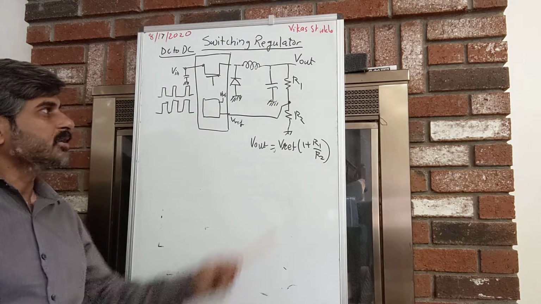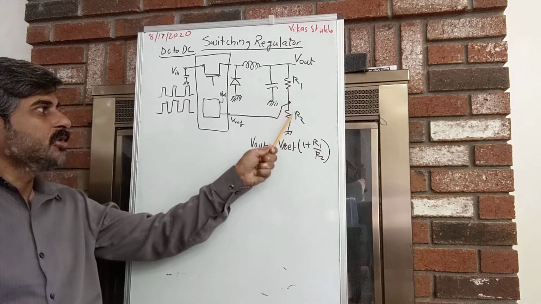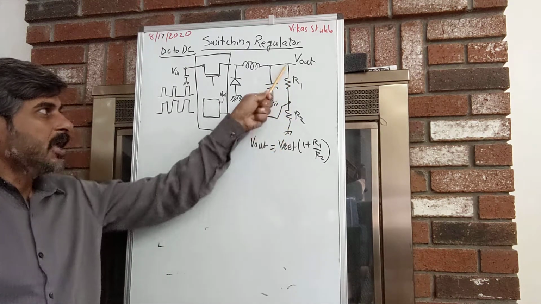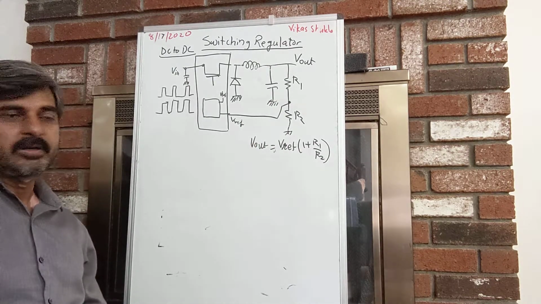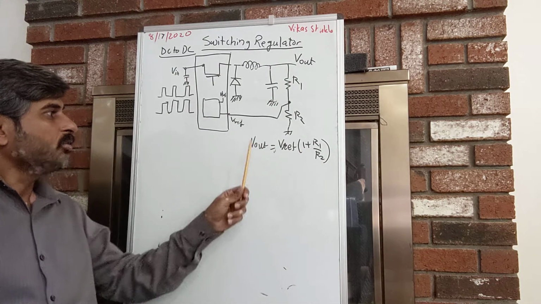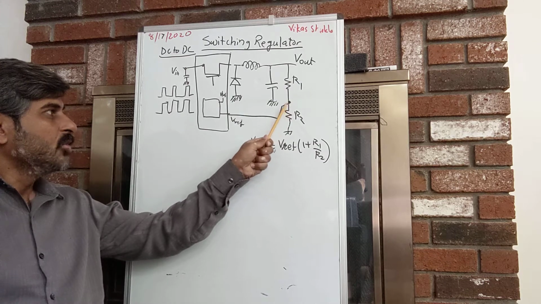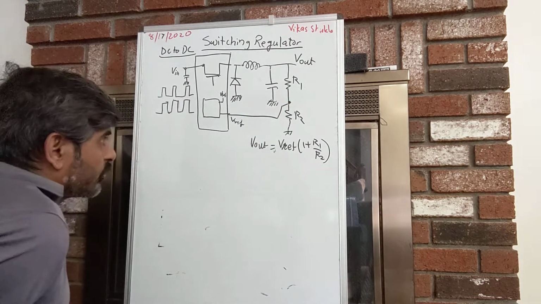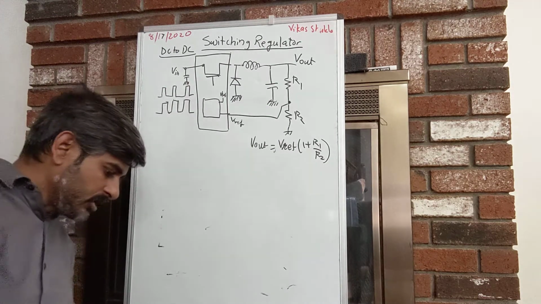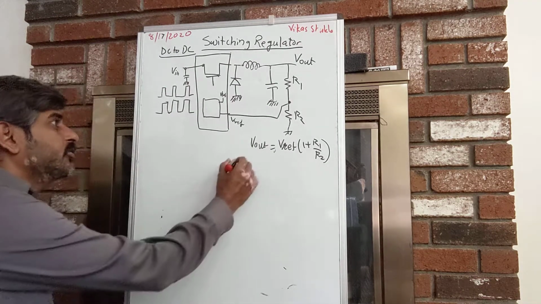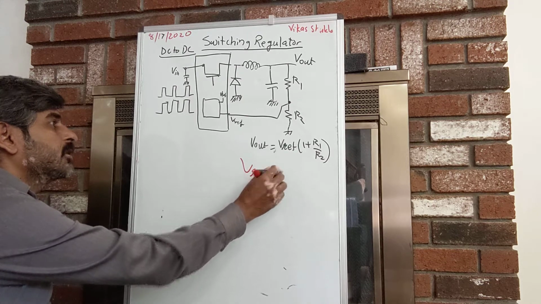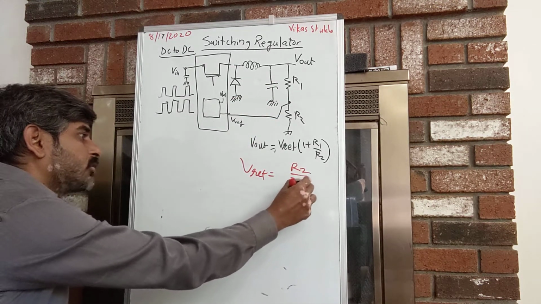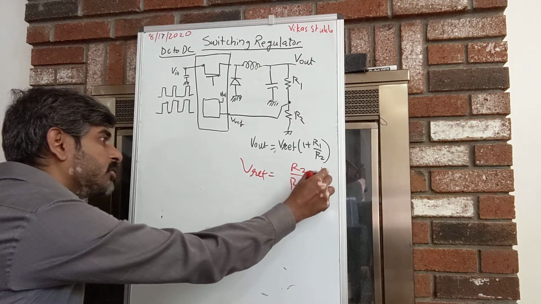The way it works is that typically we put two resistors here, R1 and R2. This makes a voltage divider. Let me write it down here. The voltage at the resistor R2, let's call it Vref. Then Vref is nothing but R2 divided by R1 plus R2, multiplied by Vout.